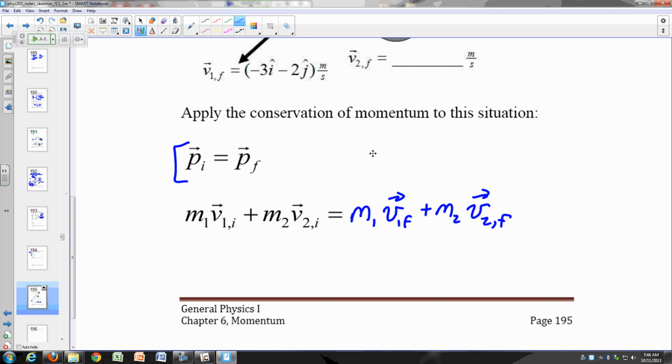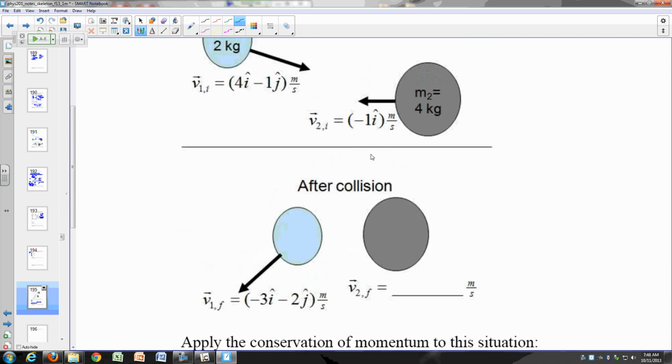So it looks like this: 2 kilograms times v1i, which is 4i minus 1j, plus 4 times negative 1i. Those are my initial velocities for these 2 particles.